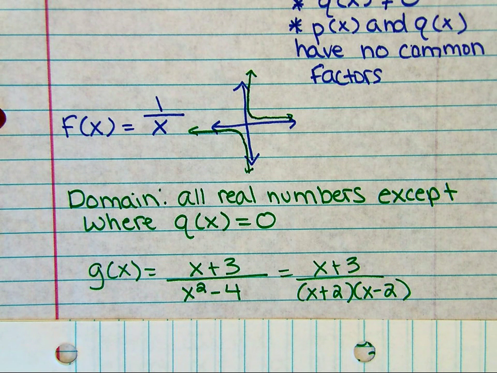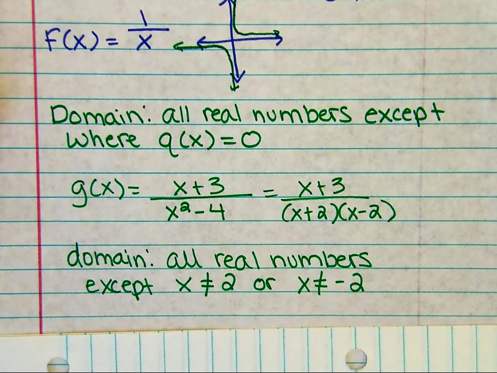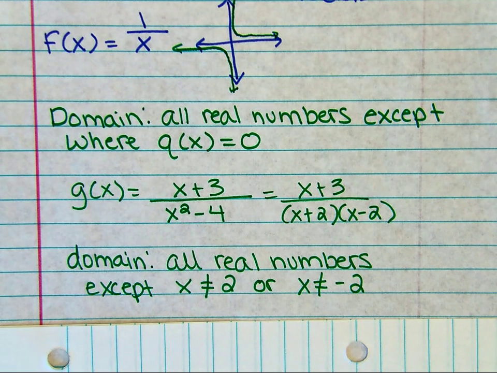So if I wanted to list the domain of this function, it would be anywhere except where Q of x equals 0. Where does the bottom equal 0? 2 and negative 2. So the domain is all real numbers except 2 and negative 2. You need to be able to identify the domain. Again, it's all real numbers except where the denominator is equal to 0.